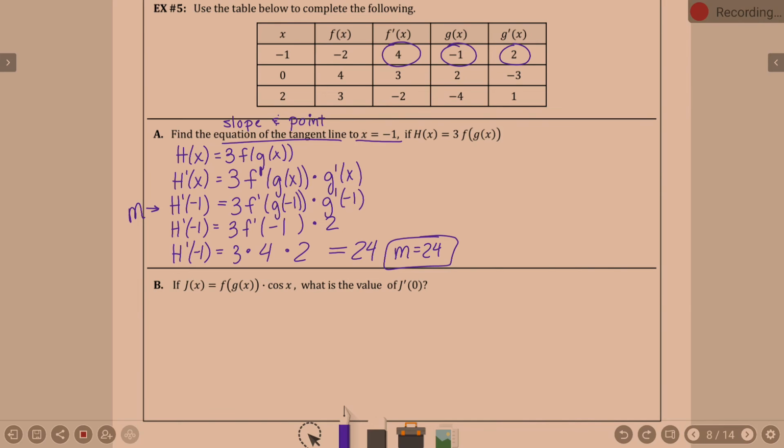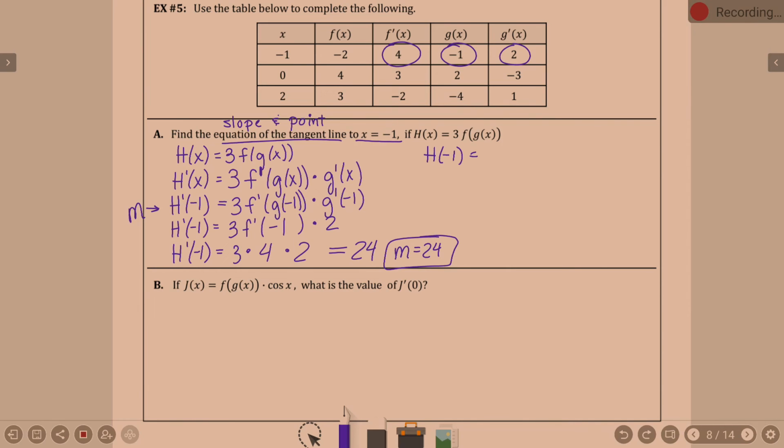We also need a point. Can't you just pick an x and an f of x? Because f of x is y. You would use your h of x equation and plug it into one. We need to know when x is -1, what is h? So we're doing h of -1.